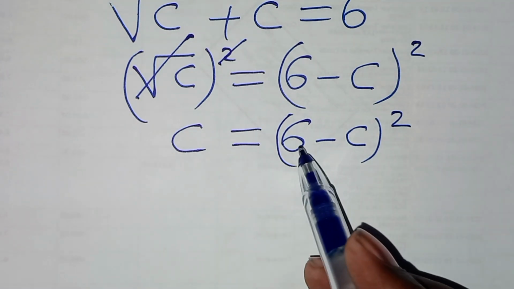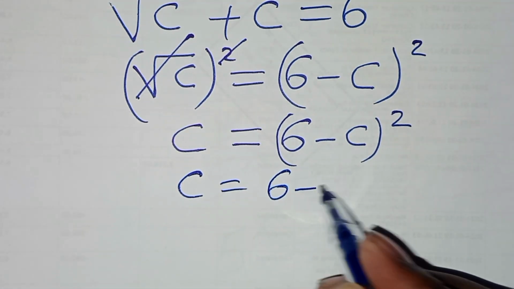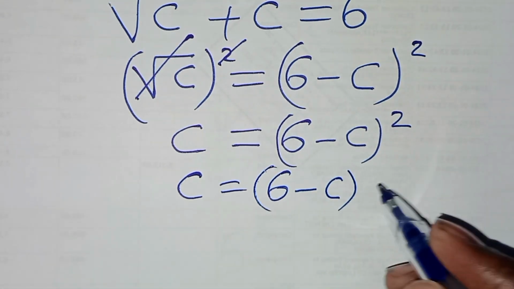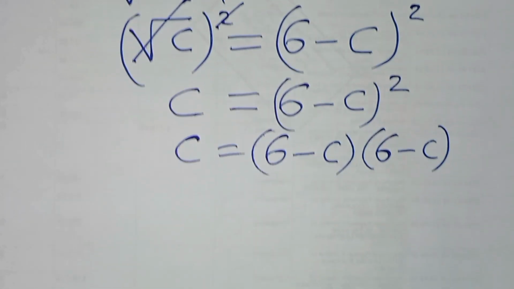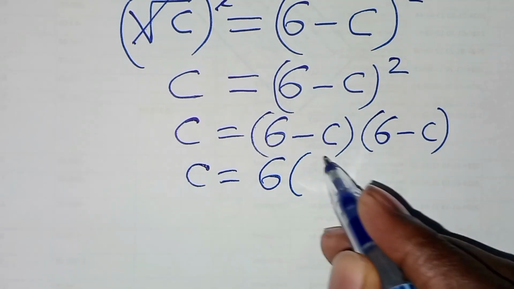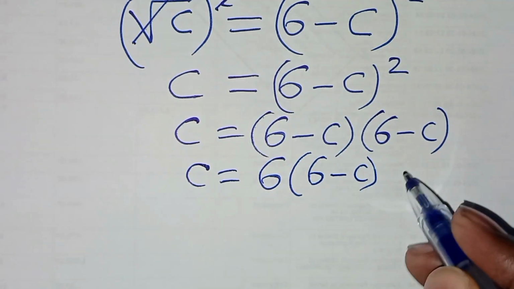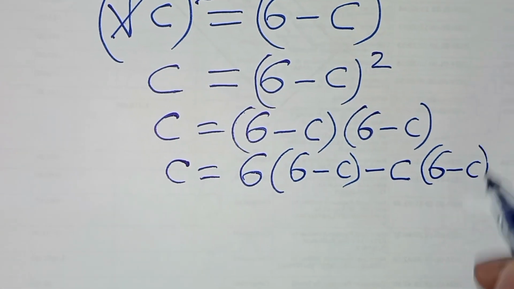Now we can express (6 minus c) squared as (6 minus c) multiplied by (6 minus c). So this is the same thing as 6 multiplied by (6 minus c), subtract c multiplied by (6 minus c).